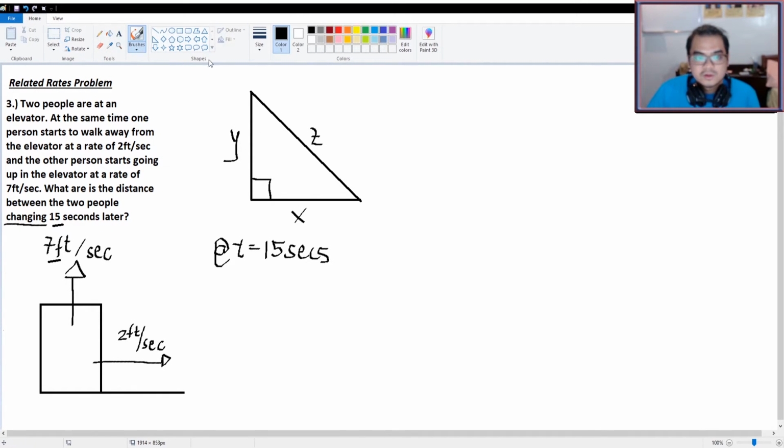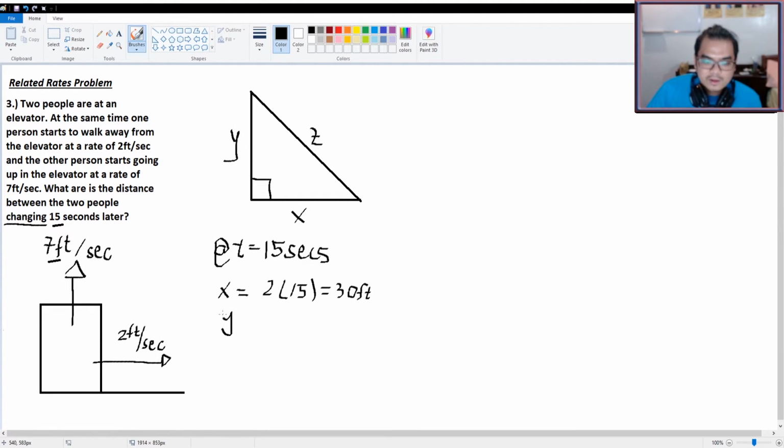What will happen here is your x will be how much? That is 2 feet per second times 15 seconds, so 2 times 15. Your x will be equal to 30 feet.